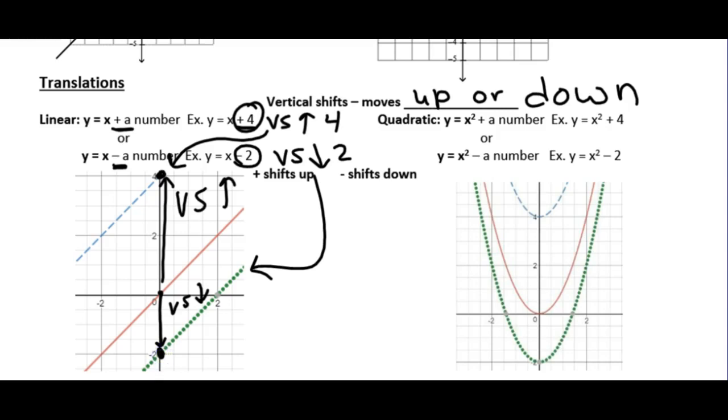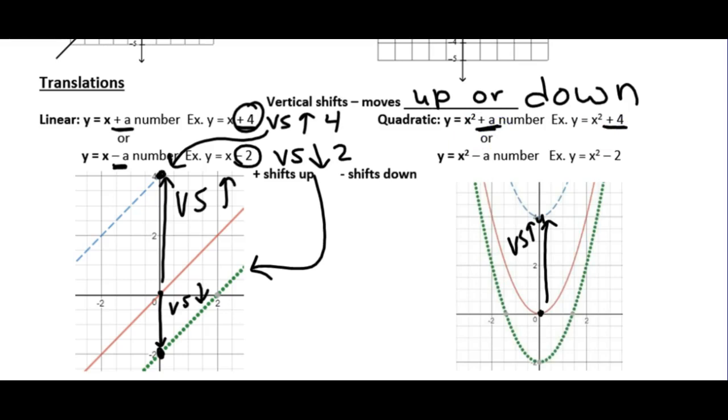It's the same thing with the quadratic. You can see that we have our parent function going through the origin, and this blue function is vertically shifted up 4. We can tell that by looking at the graph, but also from the equation: if we see a plus, that means it's going up, and how many is 4.